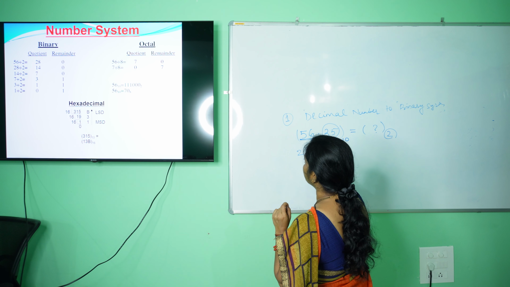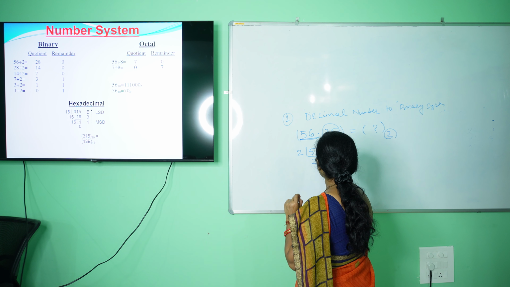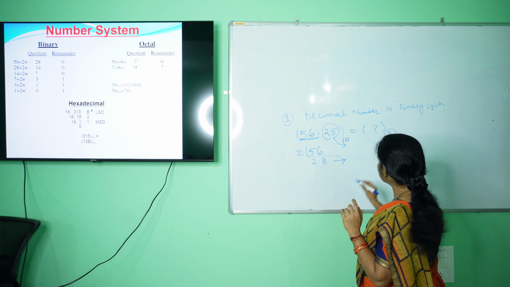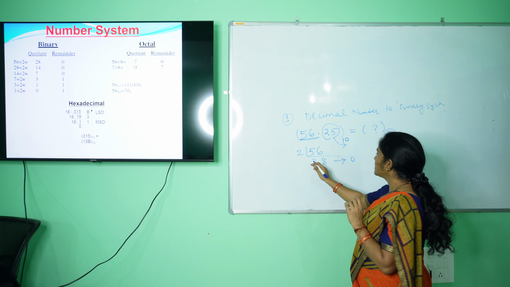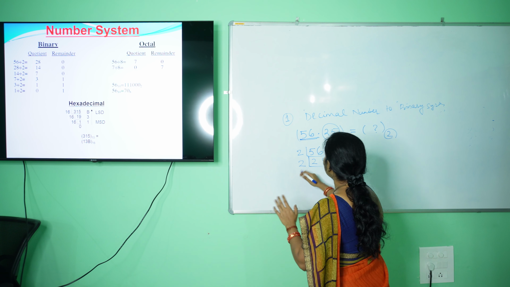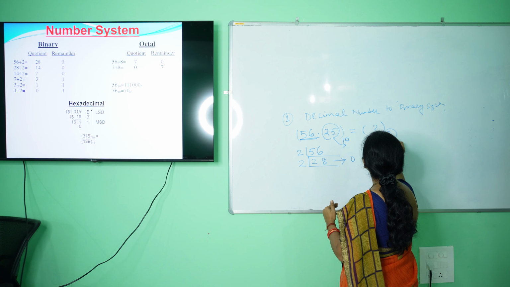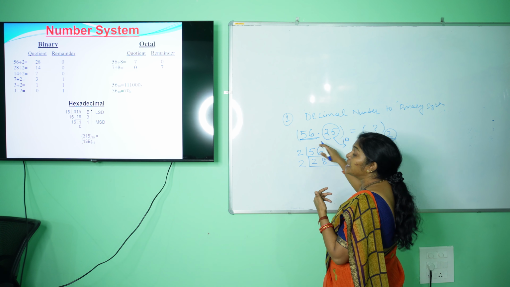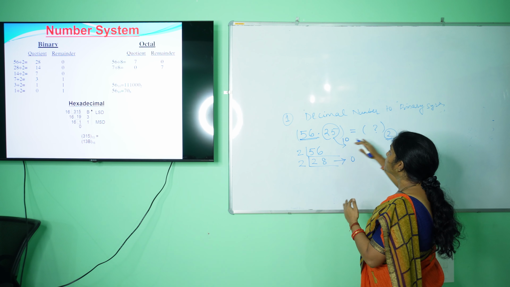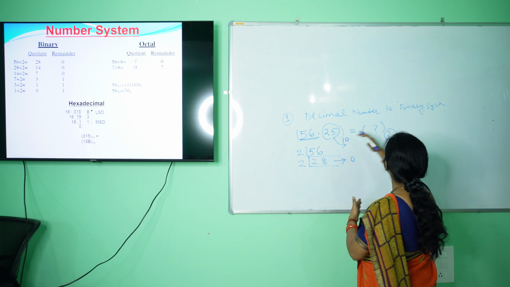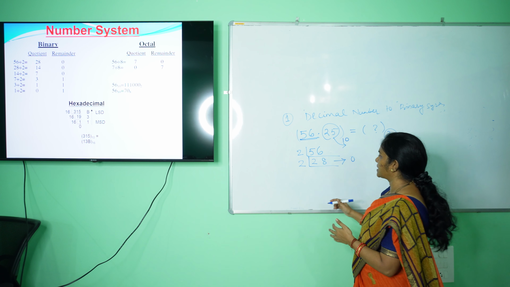If you divide 56 by 2, it comes as 28. Then whatever remainder, either 1 or 0, you have to write here. Here the remainder is 0. Then again you divide by 2. Every time you have to divide by 2, because it has been asked decimal to binary. If it has been asked decimal to octal, then you have to divide by 8. If it has been asked decimal to hexa, then you have to divide by 16.